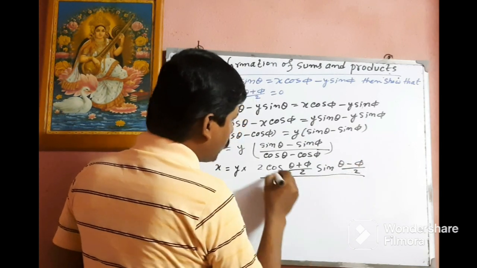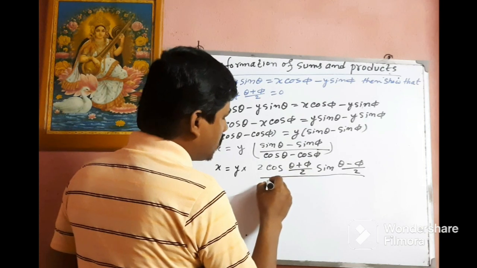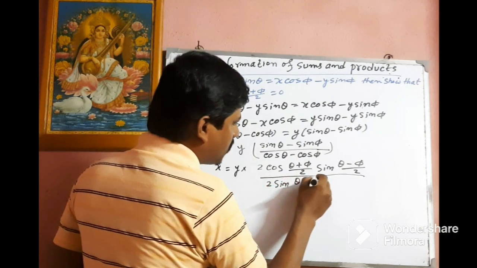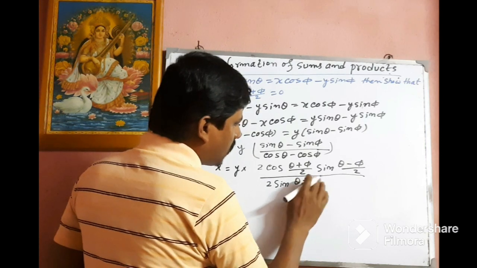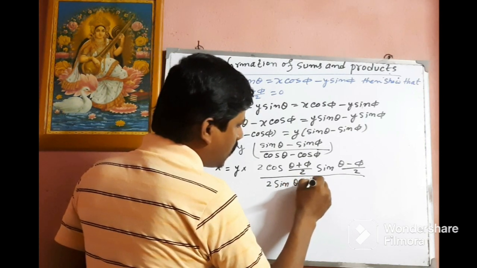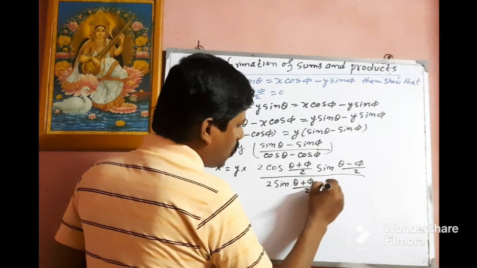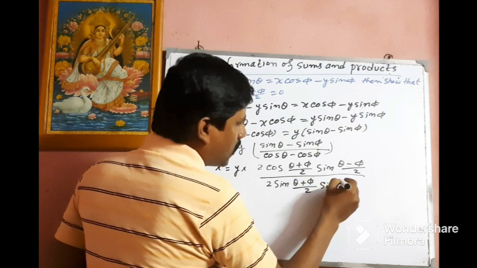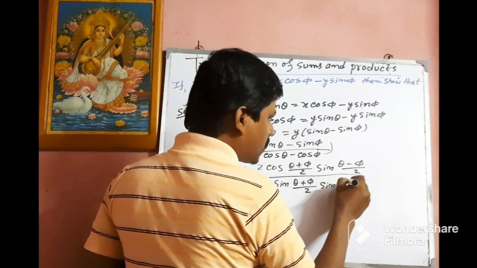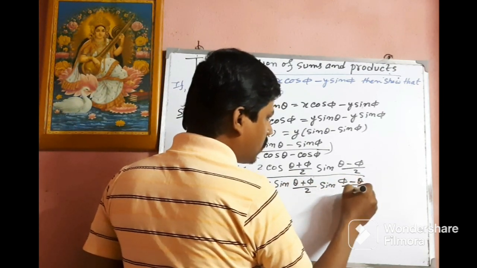And from here, cos c minus cos d is equal to 2 sin (c plus d) divided by 2, that is sin (theta plus phi) divided by 2, and sin (d minus c) divided by 2, that is (phi minus theta) divided by 2.